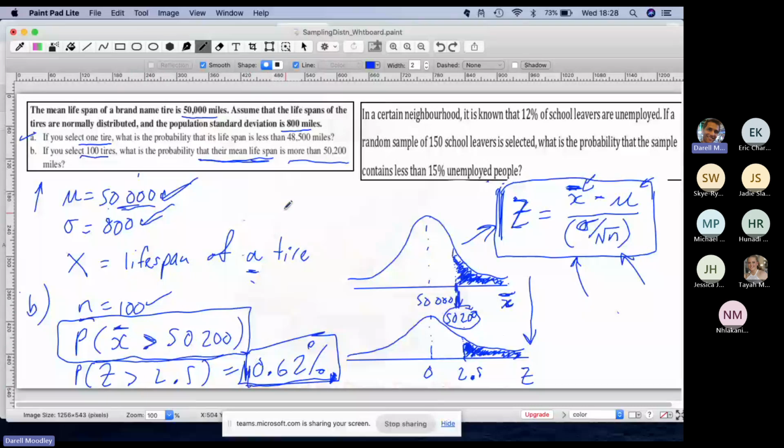I guess you're asking if you should write probability of Z greater than 2.5 equals 0.62%. So yes, you need to write this part here.